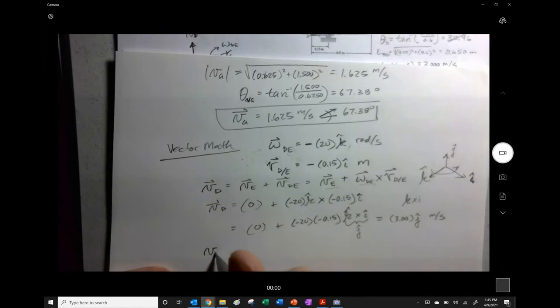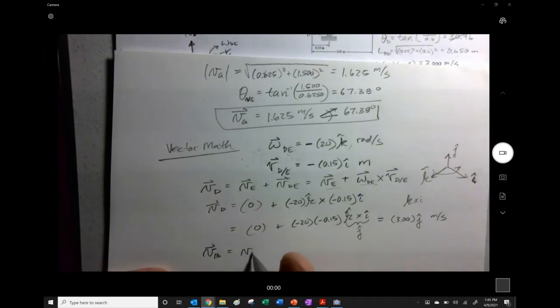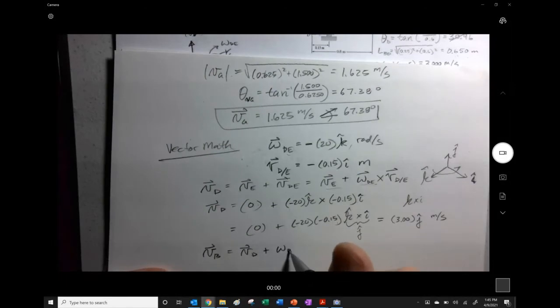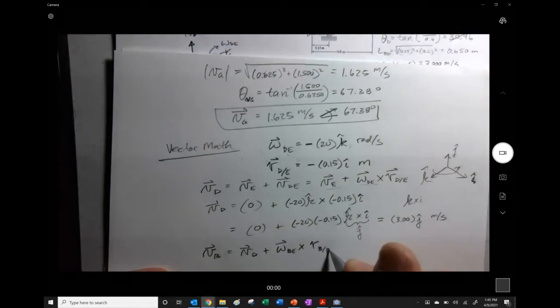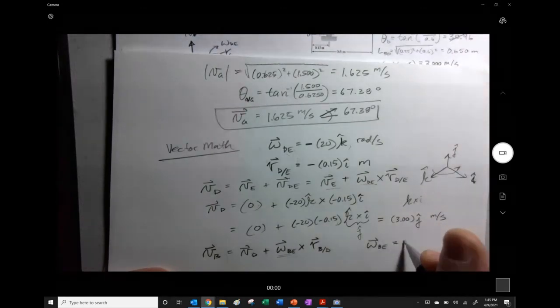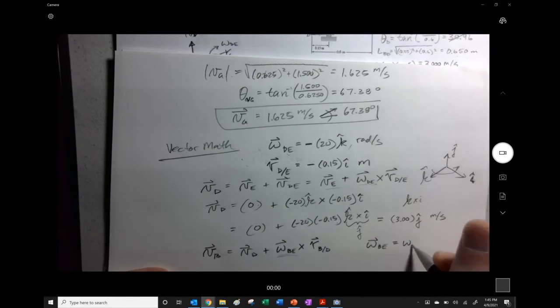I'll say the velocity of B is going to be equal to the velocity of D plus omega BD crossed with R B with respect to D. We'll just assume that it's positive. That's what we're really doing here, assuming this is positive by not putting a sign in there.